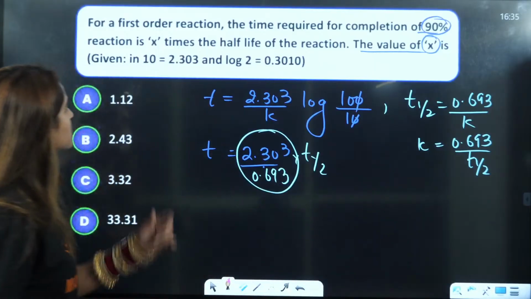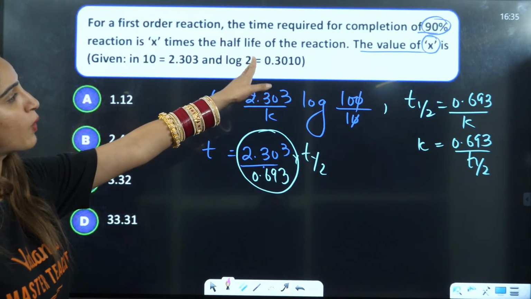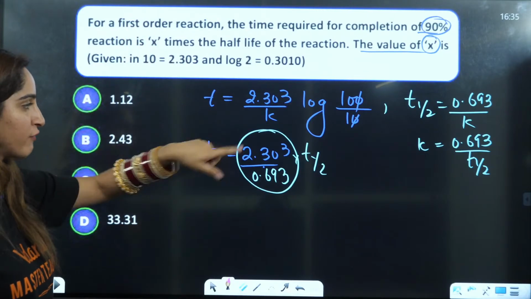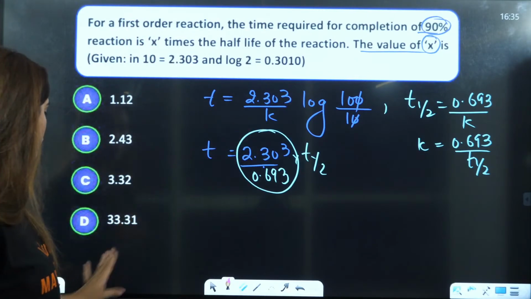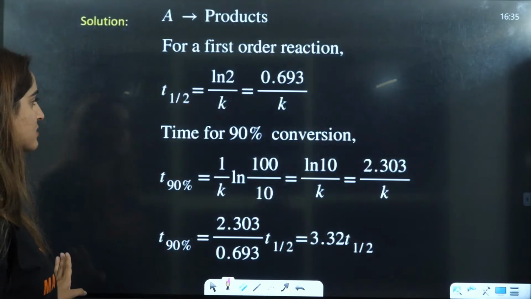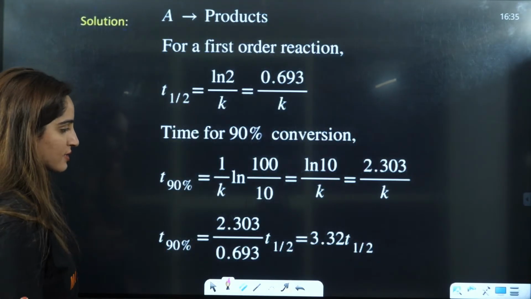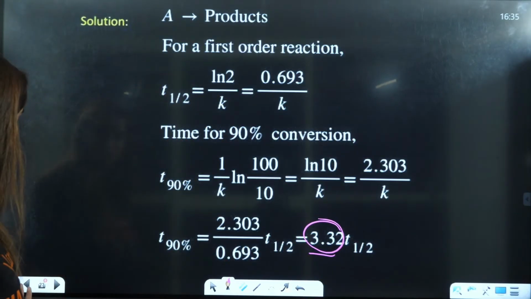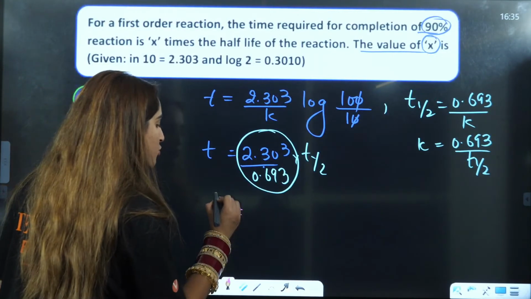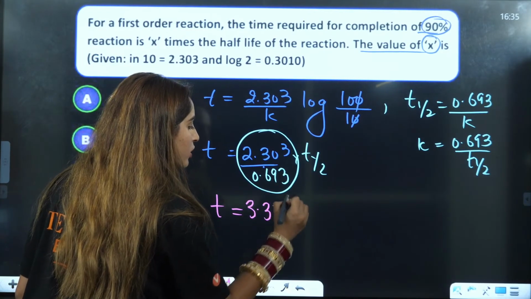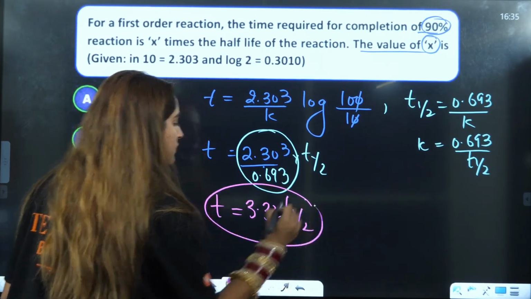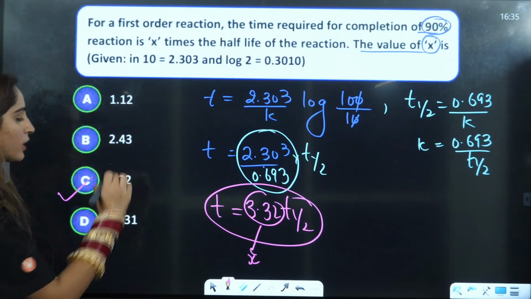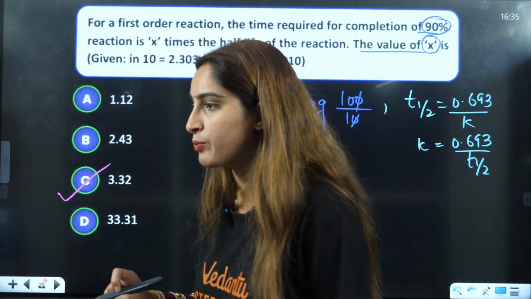This is what they are asking you: the time required is x times the half-life. That is going to be your answer for x. When you solve this, it is going to be 3.32. So 3.32 times t half, and this is what they have regarded as x here. So x is 3.32, that is C, the correct answer here.